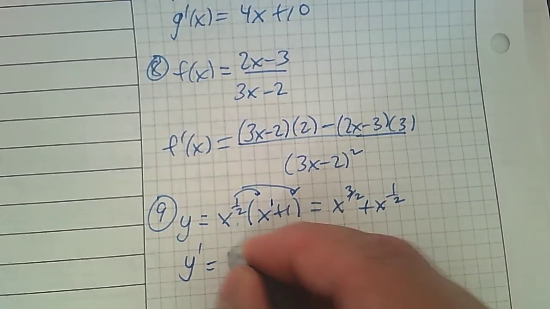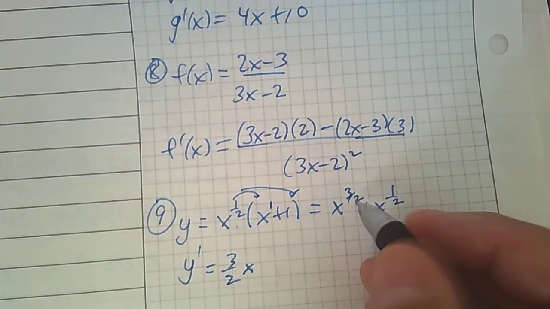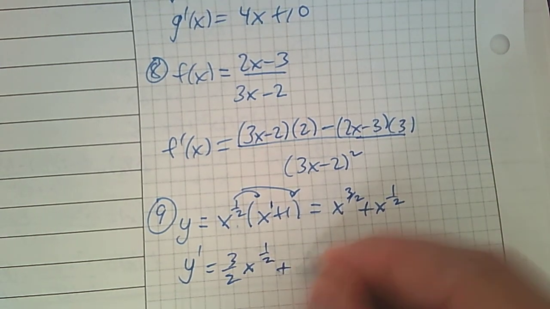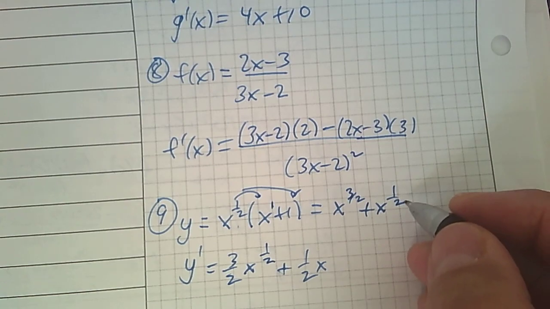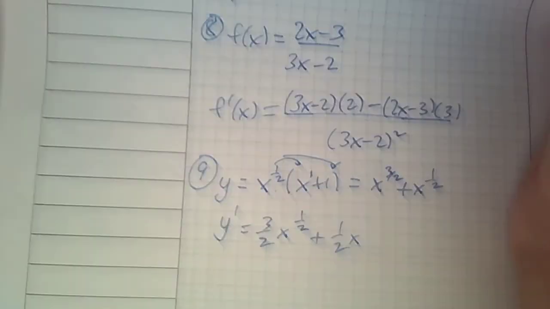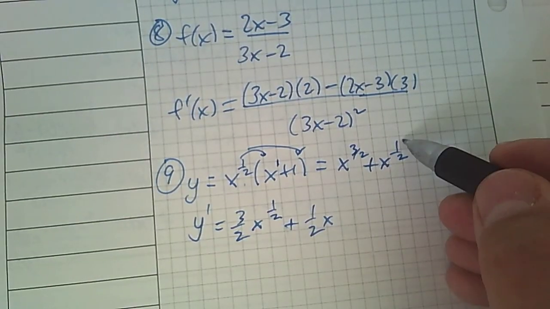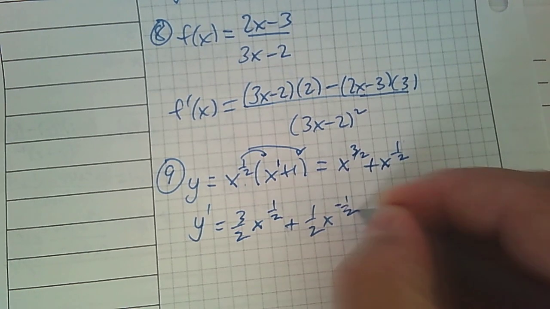So 3 over 2 times 1 in front, and then subtract 1 from the exponent. That's 3 take away 2, so that's positive 1/2, plus 1/2 times 1 in front is 1/2. Subtract 1 from the exponent. Again, the little shortcut there is just to go the numerator subtract the denominator. So 1 take away 2, that's negative 1/2. And it's done.